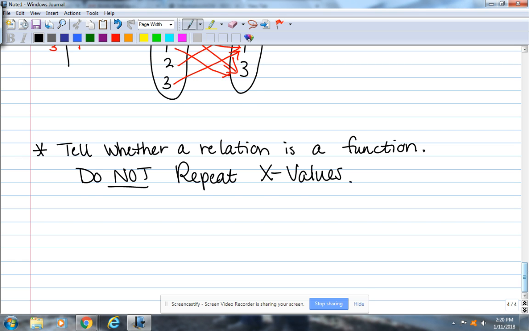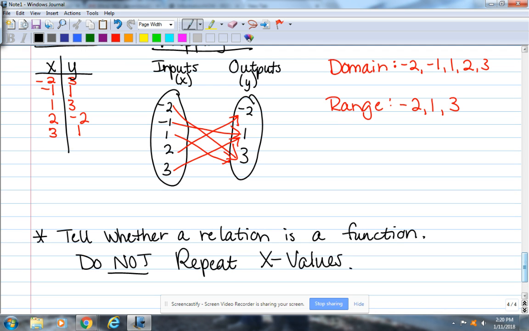So that relation we just talked about, are any of the x values repeated? A lot of the y's are repeated, right? But they're all different x's, aren't they? Okay, so that relation would be a function. So a function is when we do not repeat our x's. If they're all different x's, it's a function.